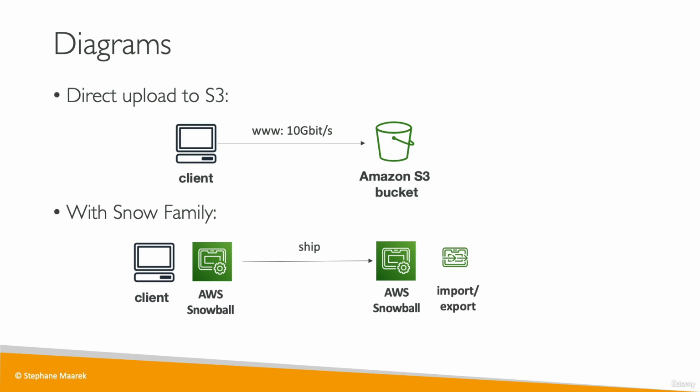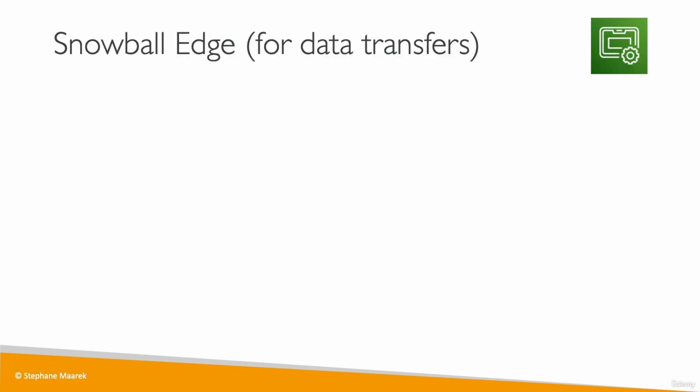Then they will plug it into their own infrastructure, and the data will be imported or exported, based on what you want to do, to an Amazon S3 bucket, and you're good to go. So really, it is a way to transfer data to AWS, but through the physical route, not the network route.